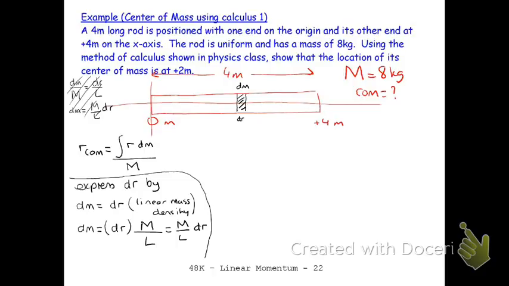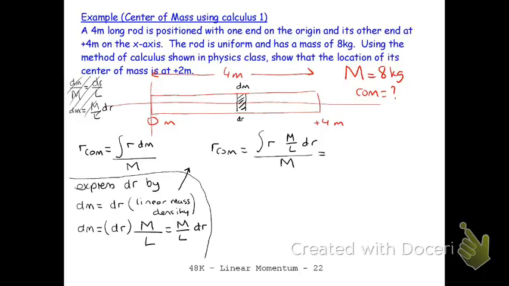So then all I do is say, okay, now substitute that up here. R center of mass is equal to the integral of R, and rather than dm, I'm going to put down m over L dr, all divided by m.